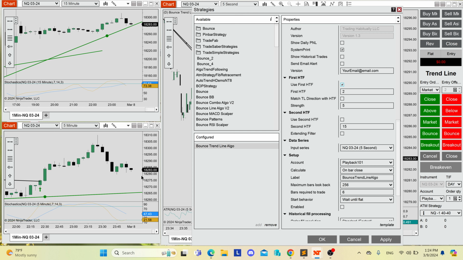It's also experimental, but I found some good results with it.